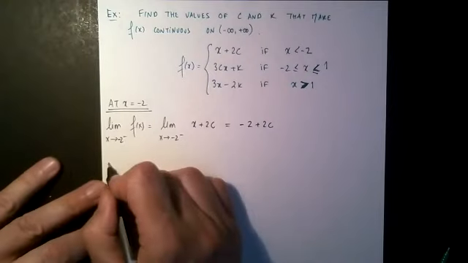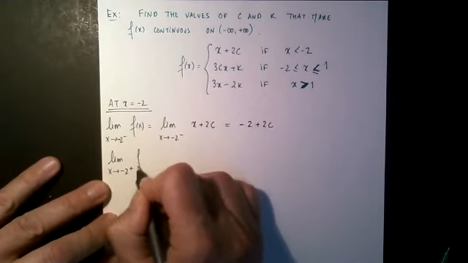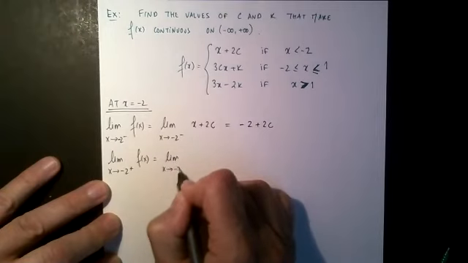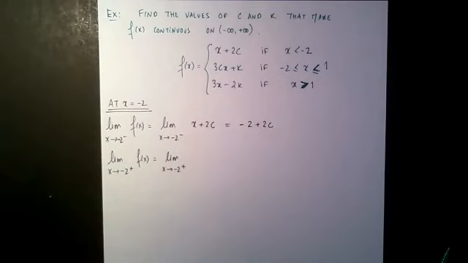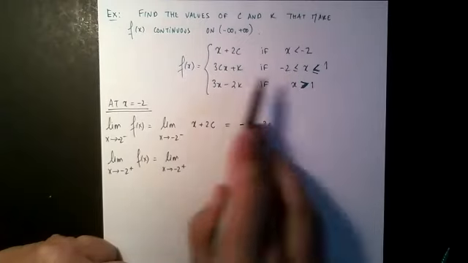And from the right, limit x approaches -2 from the right of f of x equals limit x approaches -2 from the right. Which function do I use if I'm on the right of -2? Not the last one, I'm on the right of 1. If I want to be to the right of -2, so right between -2 and 1, this is the function.